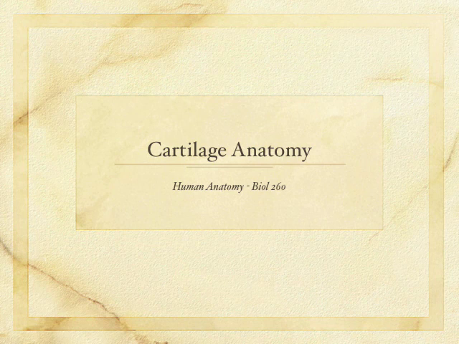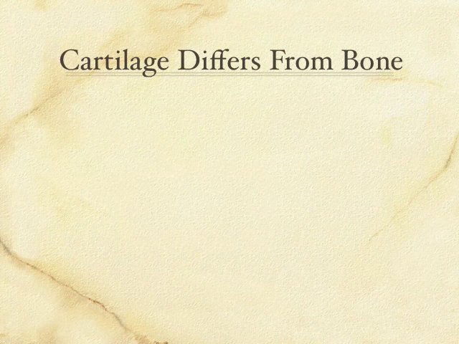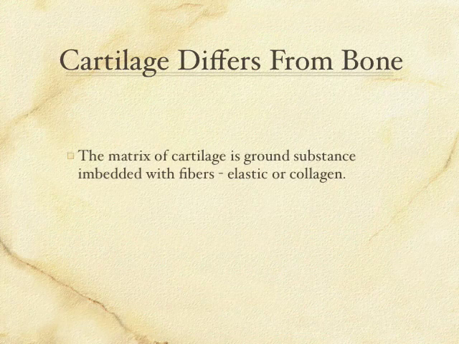Okay, so we're going to take some time now to talk about cartilage. How does cartilage relate to the skeletal system? Well, of course, cartilage is an intimate part of your skeletal system, just like the bone is. Let's remind ourselves what cartilage is.